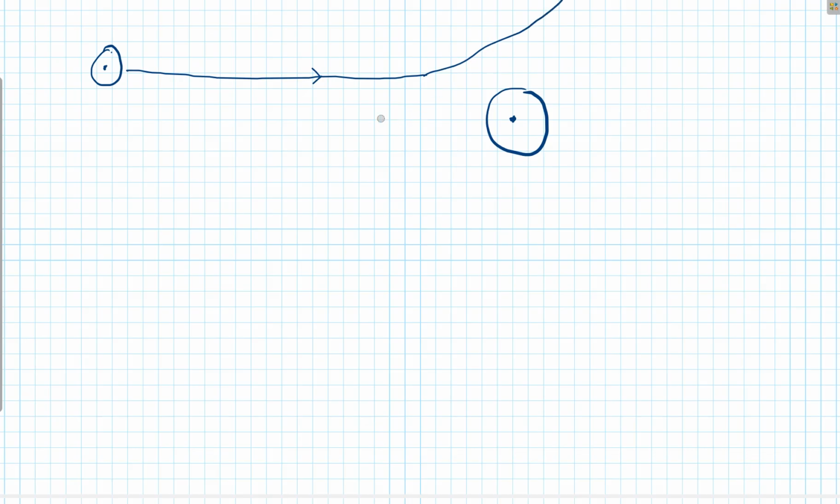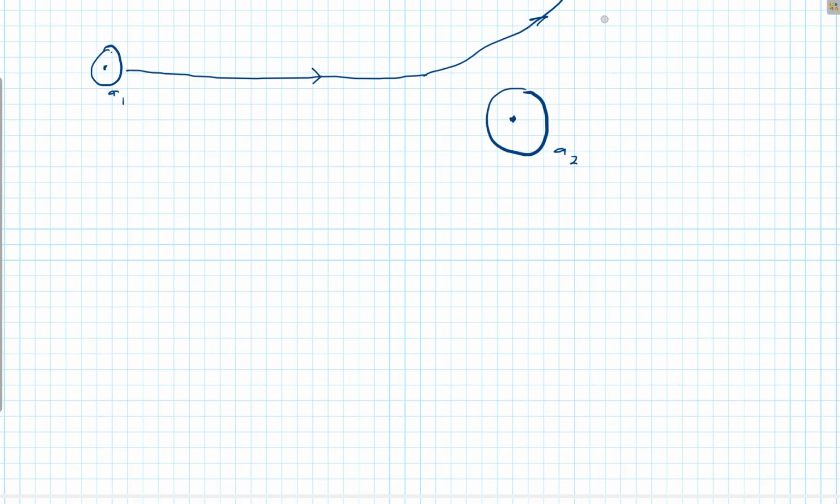Okay, so what does scattering mean? It means there is a change of direction of the molecule. Let's say this is molecule A1 and this is molecule A2.